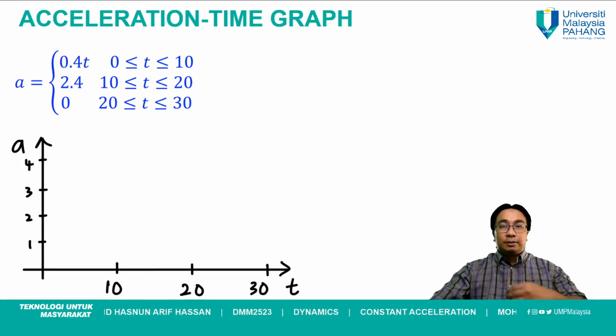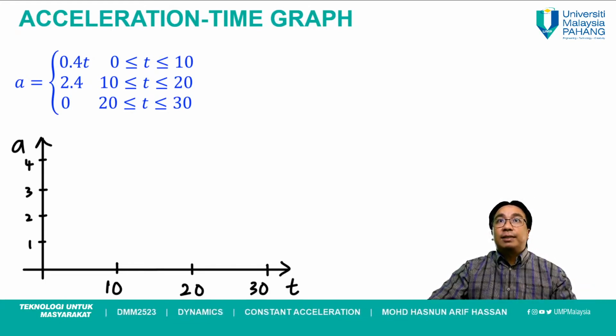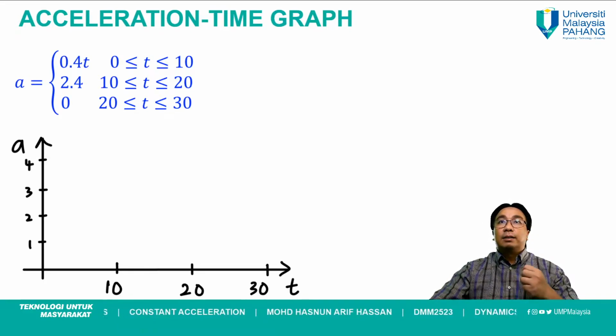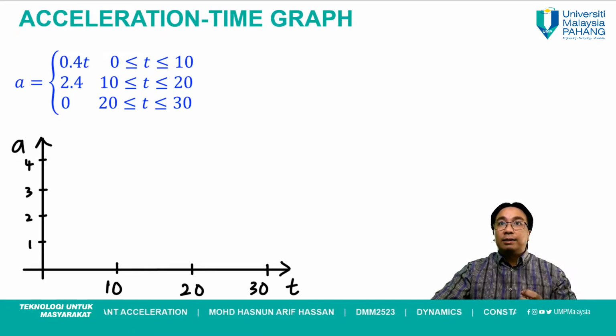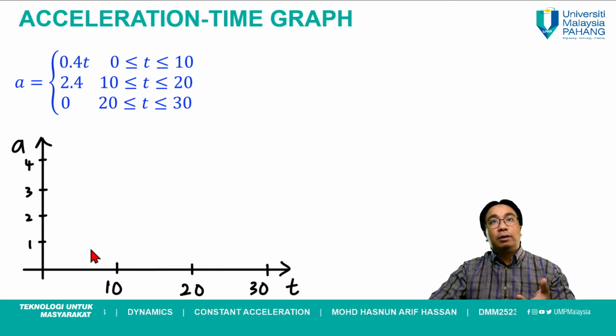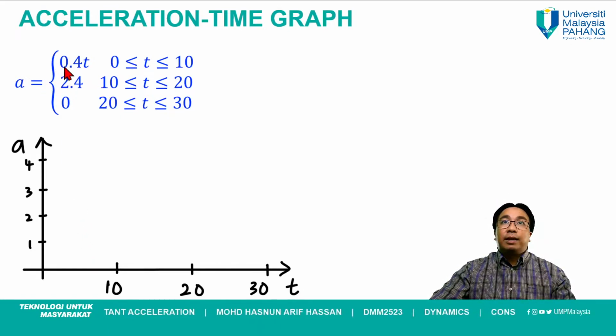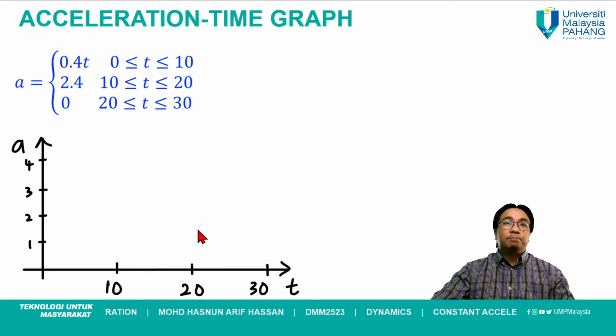So siapa boleh bagi tahu saya for the first case ataupun fasa yang pertama, t equals to 0 until 10, what will be the graph? Macam mana graph tu looks like? How does the graph look like? A equals to 0.4t. Macam mana?